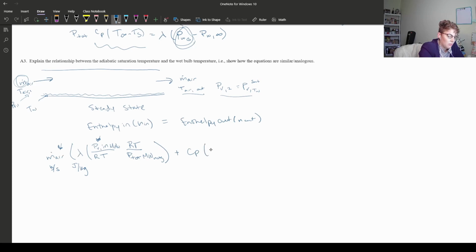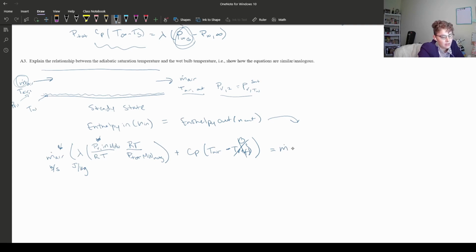So for enthalpy going in, we have the temperature of the air going in, minus some reference temperature, which we are going to set at 0 for ease, so that can cancel out. And that gives us the enthalpy in. For enthalpy out, we are going to use the same type of situation.